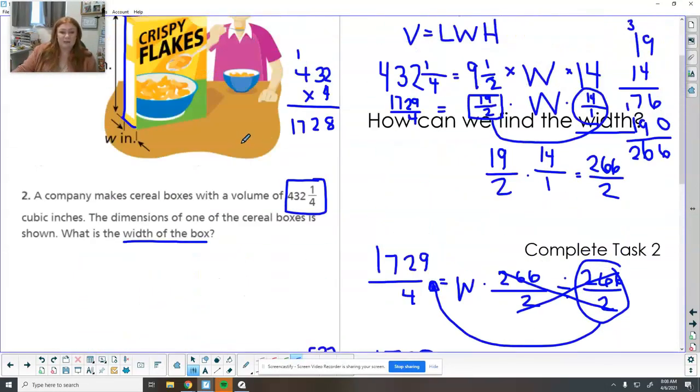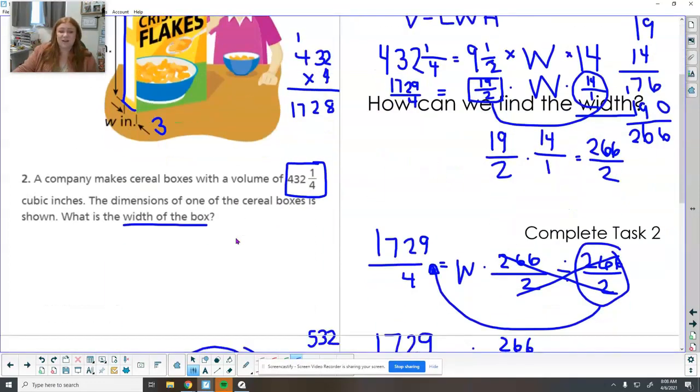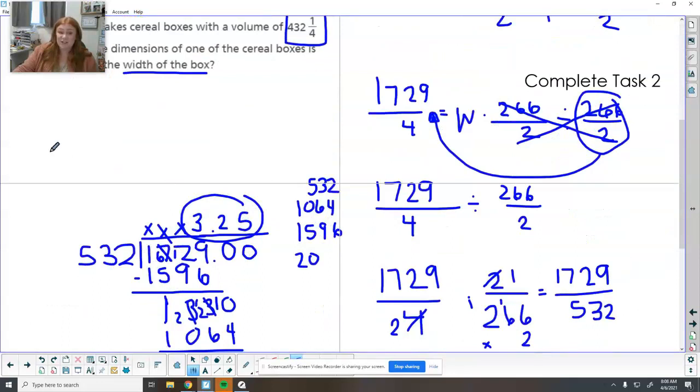So it is 3.25. And since it gave these other ones in fractions, I think we should give this as a fraction. So we could have simplified 133 and 5/32. I just didn't know a number that went into both of them off the top of my head. So for me, it was easier to do a decimal.